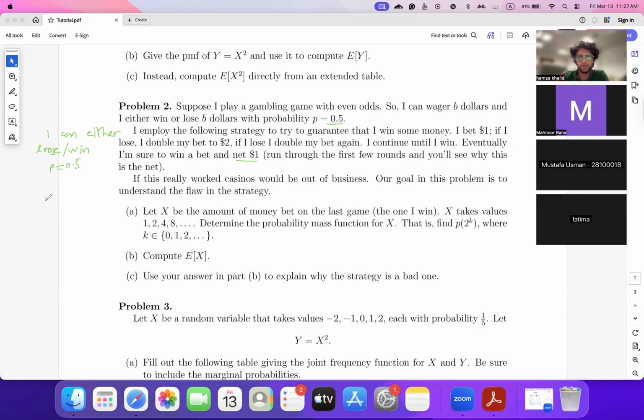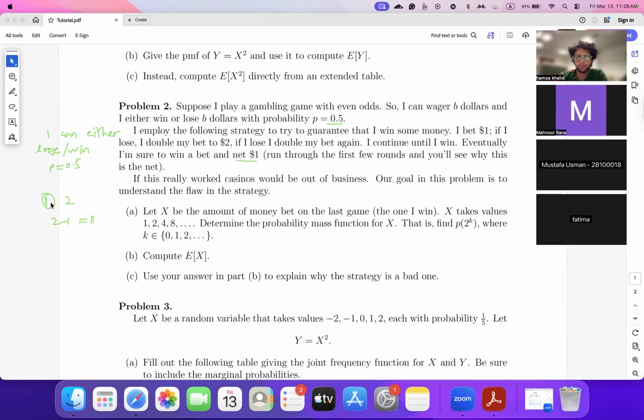So I place a bet of $1. Now assume that I just win. Obviously, if I win, I'm going to get $2. So I bet $1, I got $2, and from that I subtract my initial investment, and I net $1. This was the attempt where I won the first game itself.